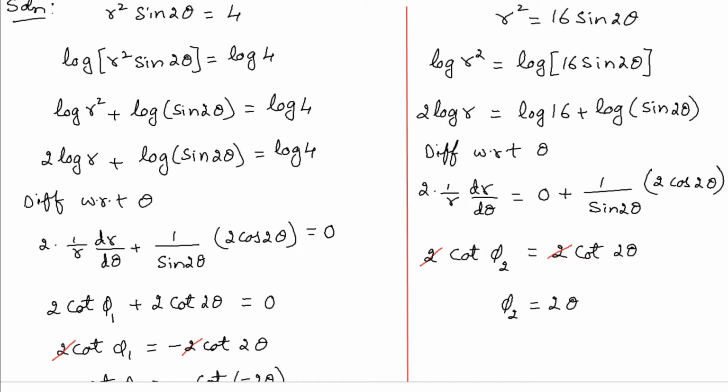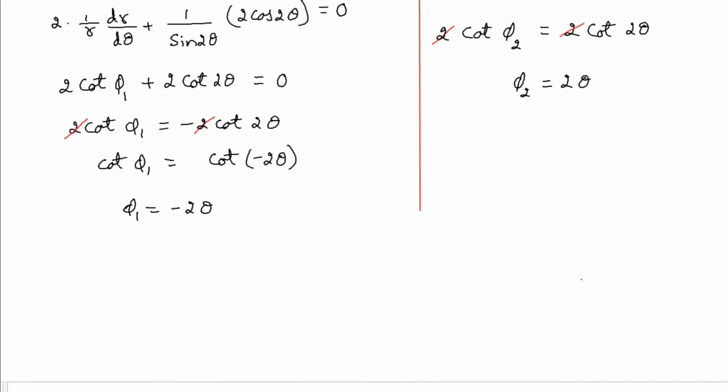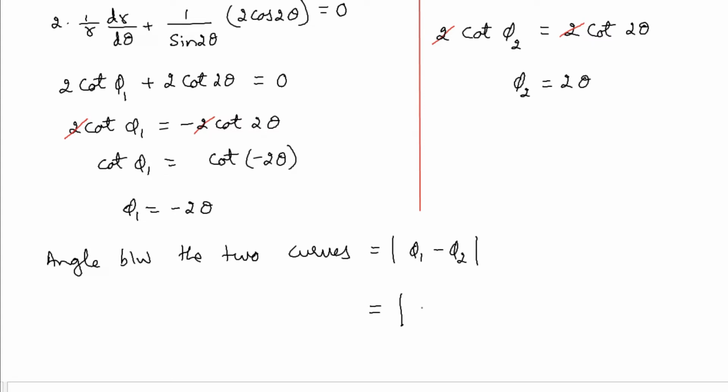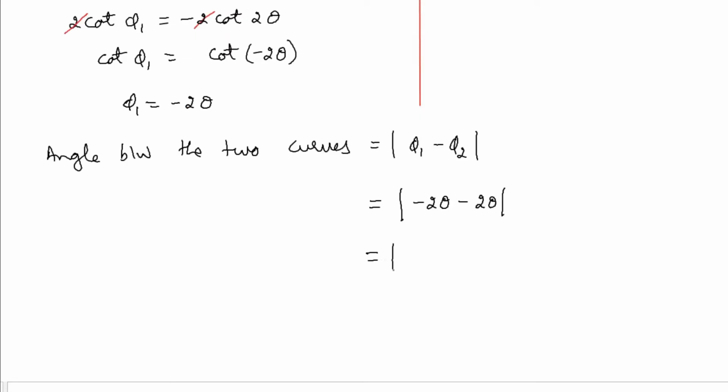So we got phi 1 and phi 2. Therefore the angle between the two curves will be modulus of phi 1 minus phi 2, which is modulus of minus 2 theta minus 2 theta, which is minus 4 theta.